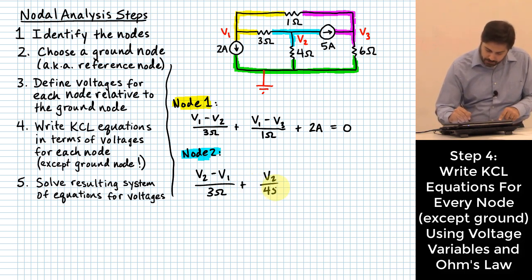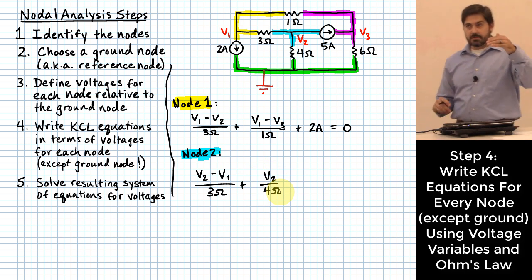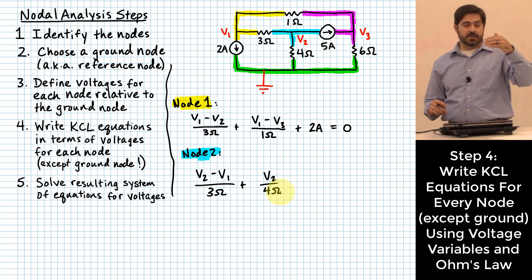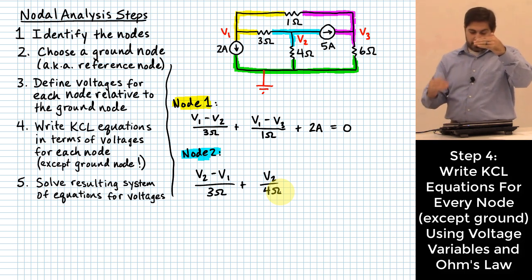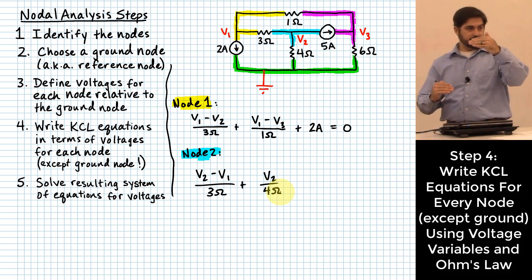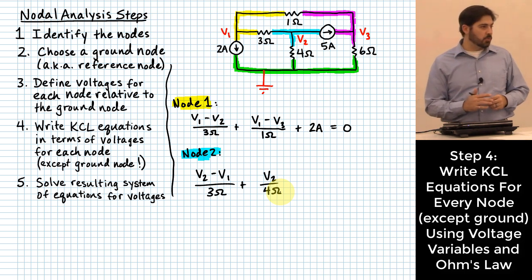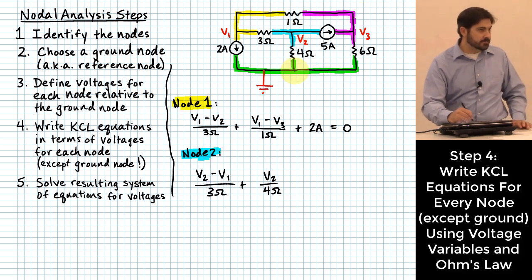And I chose to put a plus sign right there because V2 is a voltage, positive is kind of assumed, positive voltage relative to the green node, which is assumed to be 0. So that's kind of like saying V2 minus 0 over 4 ohms would be the amount of current flowing from this little bluish node down toward the green one.